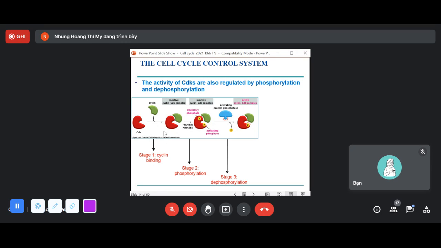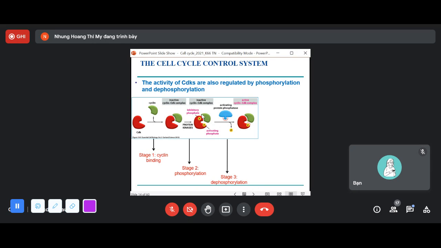After binding with cyclin, the CDK continues to be phosphorylated. In this stage, phosphorylation happens at both the inhibitory phosphate site and the activating phosphate site on the CDK.